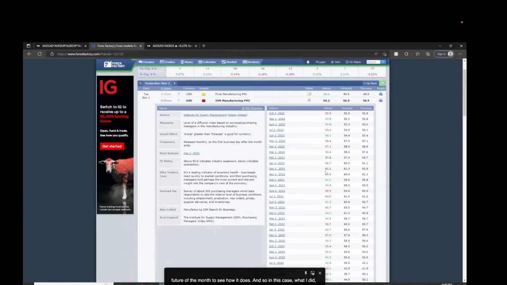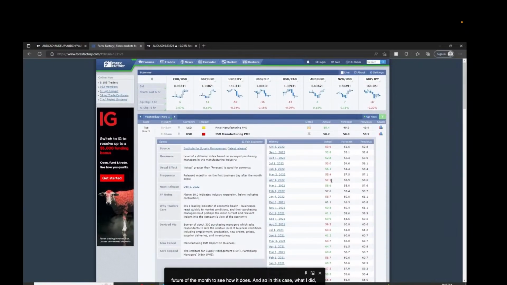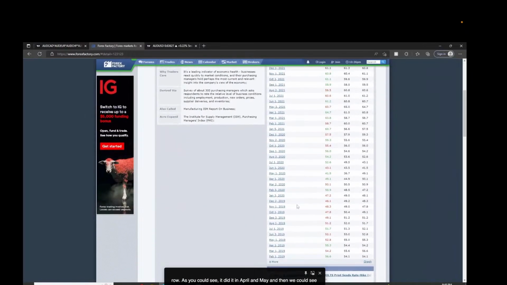There weren't many times recently where the PMI was negative 2 months in a row. As you could see, it did it in April and May, and then in July and August of 2021, and it didn't have a rough spree until basically the beginning of COVID.